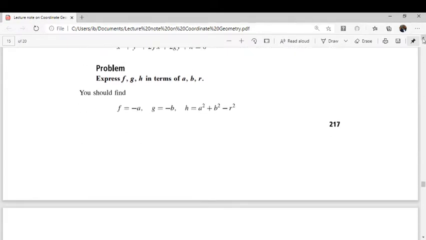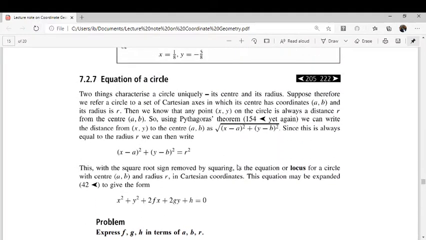This is a little bit different from what you did in elementary mathematics, but you already know that a circle on the Cartesian axes has a center with coordinates (a, b) and a radius r. Now, what you just do here is use your knowledge of distance. If I draw a circle like this, and I have 2 points, the center (a, b) and a point on the circle, the distance between them is r.